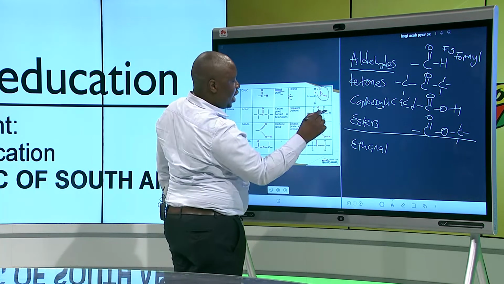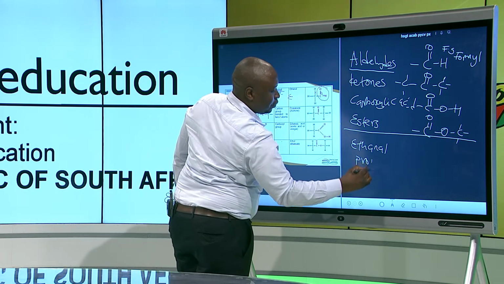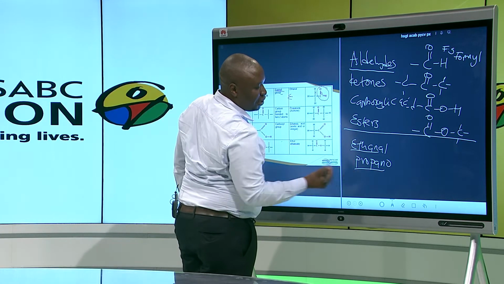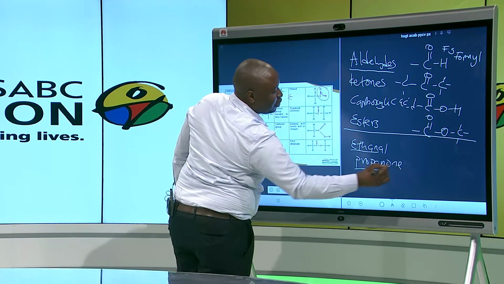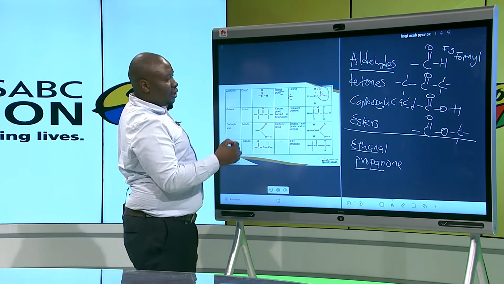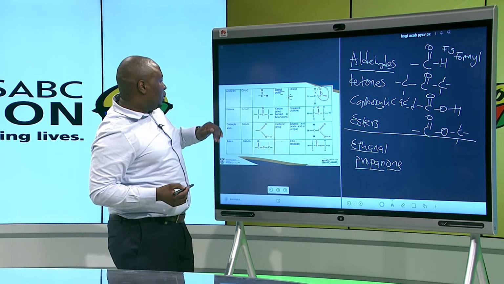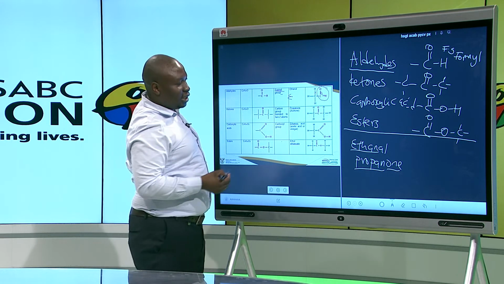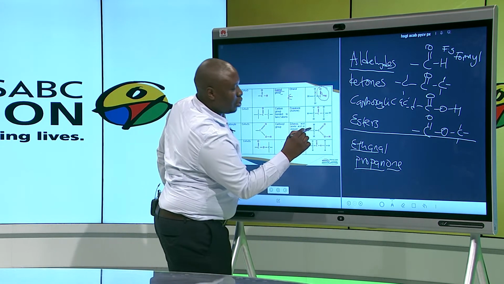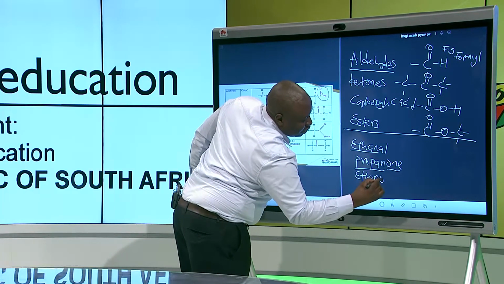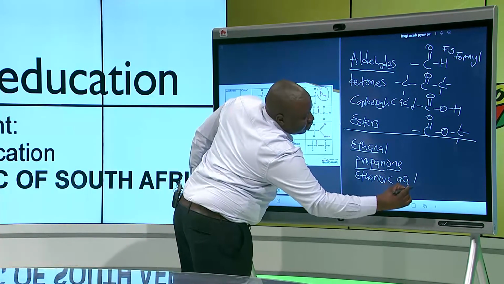So the name there will be propanone. You can see all of them come from the alkane names; we're just adding how the name ends. The name for a ketone will end with "-one". We have propanone. Then for carboxylic acid, because we have 2 carbons, it will be ethanoic acid when you are naming them.